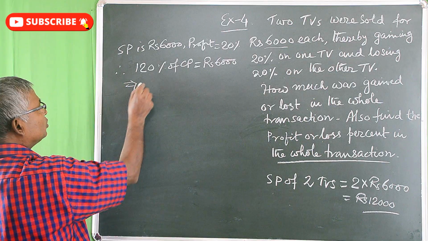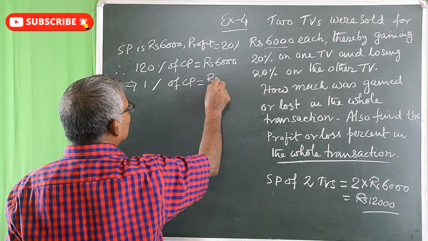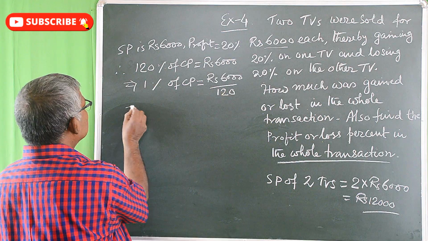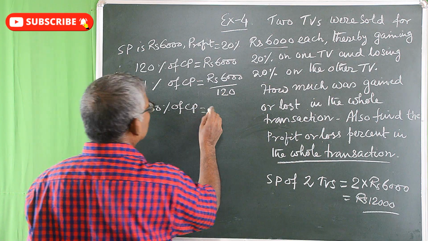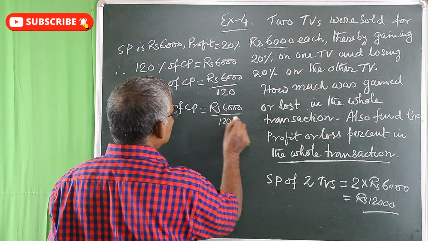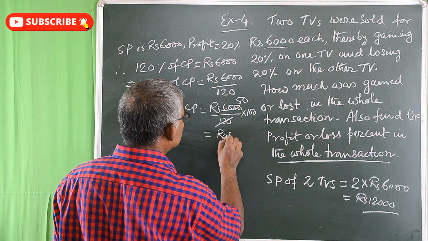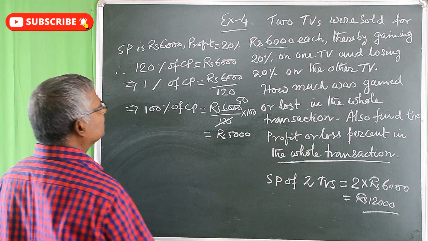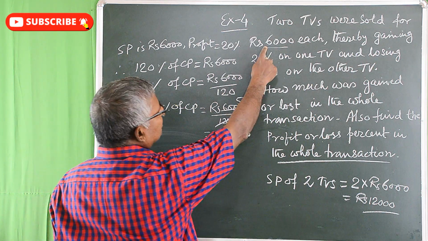This implies that 1% of CP equal to rupees 6,000 by 120. This implies that 100% of CP equal to rupees 6,000 by 120 into 100 equals to rupees 5,000. Therefore, the cost price of the first TV is rupees 5,000.